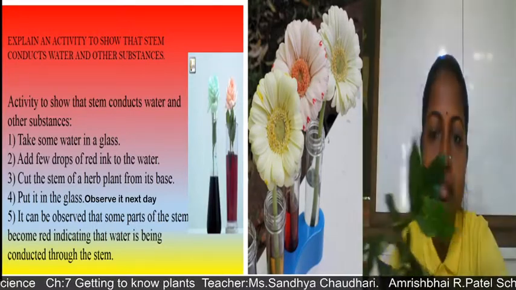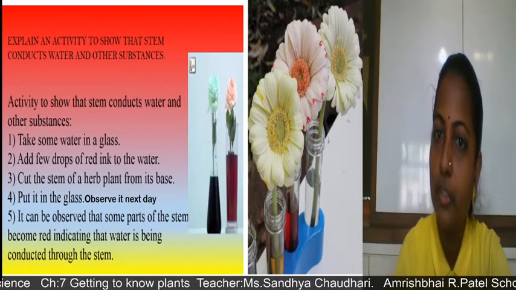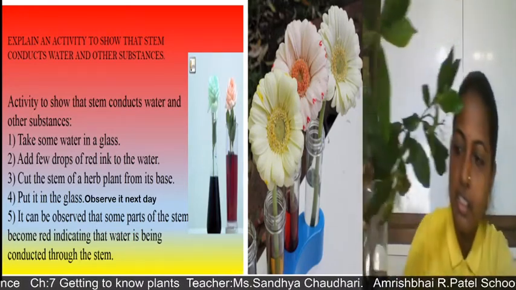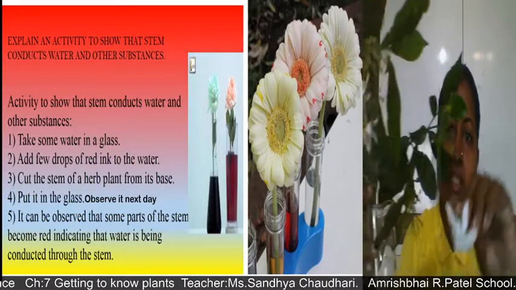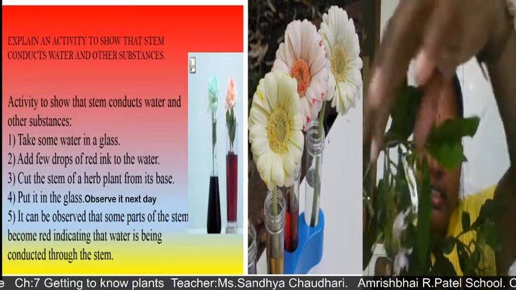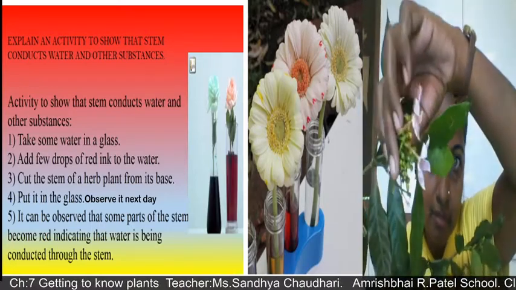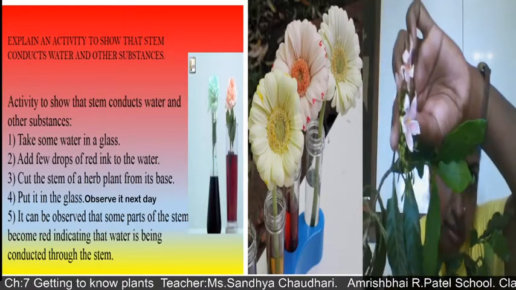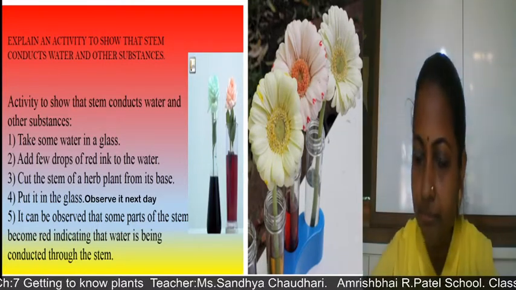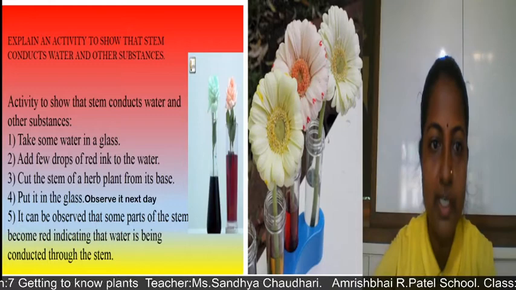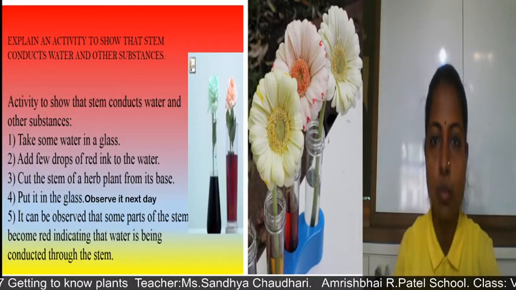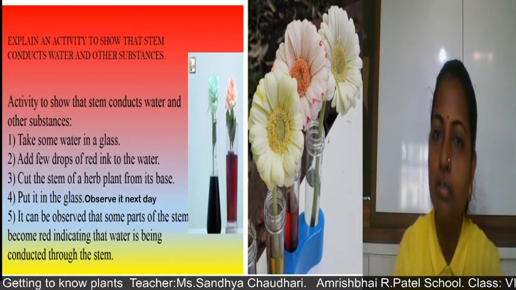After cutting the stem I can show you that part also, but with the help of flowers you can see the difference clearly. Here you can see the white flowers, and after I put the stem into the ink, the next day you can see the color of the flowers. Some part of the stem becomes red, indicating that water is being conducted through the stem.